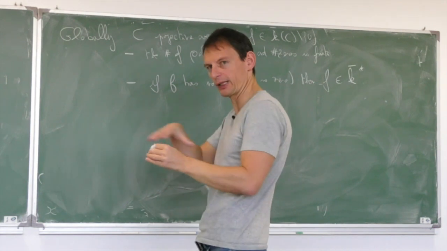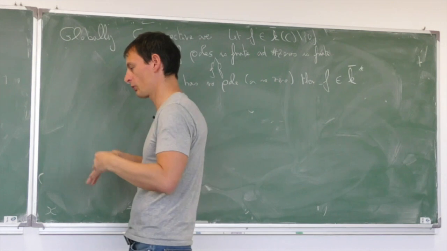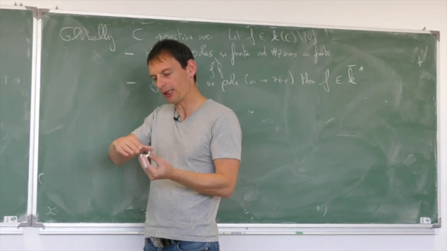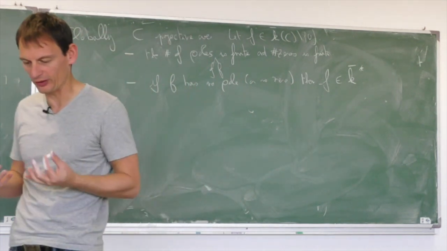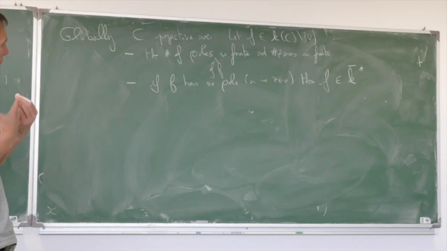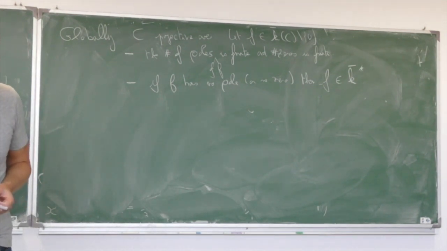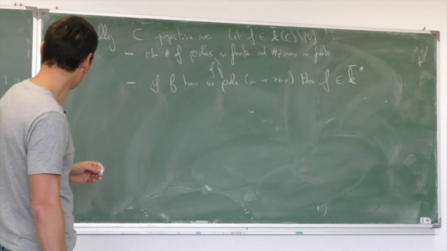You would have your affine curve, then take the compactification, the projectivization, and all your zeros could be hidden at infinity, and we don't want this. That's a very nice thing with projective. Directly, we see the full picture. Nothing can be hidden.